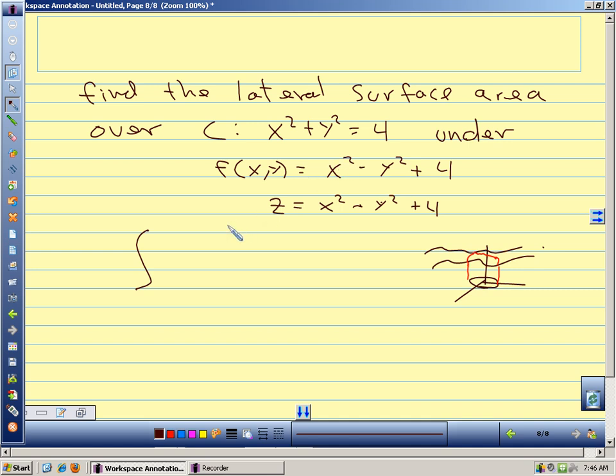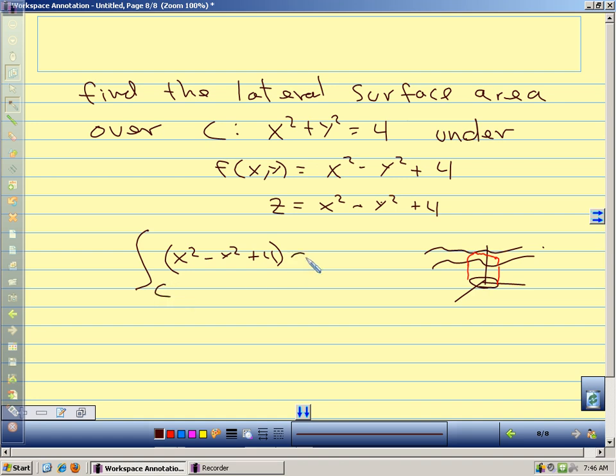We're going to integrate x squared minus y squared plus 4, and what's our integral over? What kind of integral is this going to be? Double integral? Triple integral? Yeah, what is it, Charlie? This is the line integral over C of our function ds.